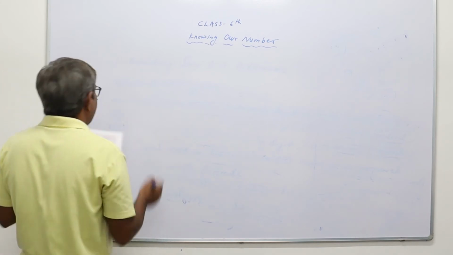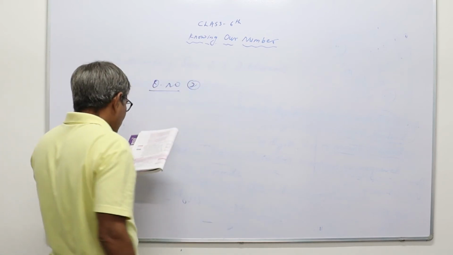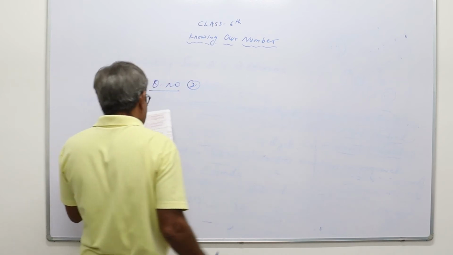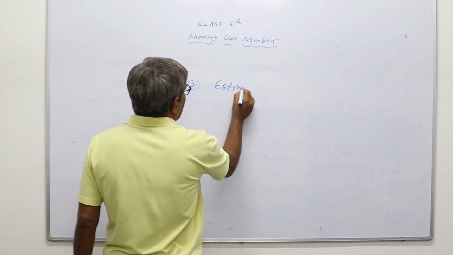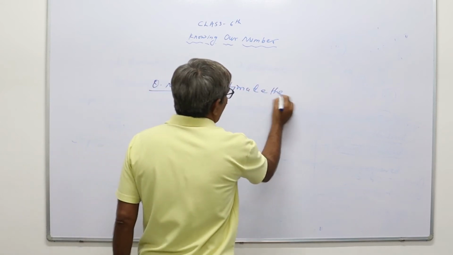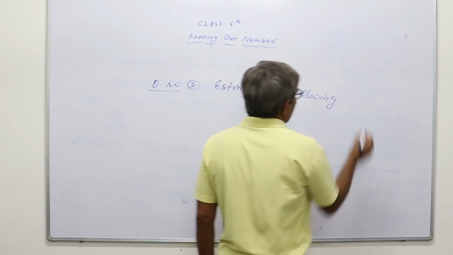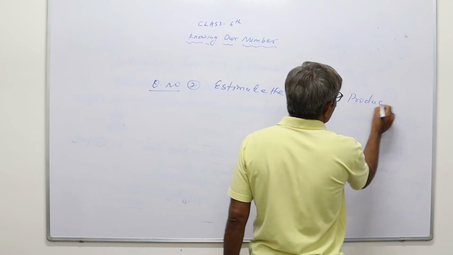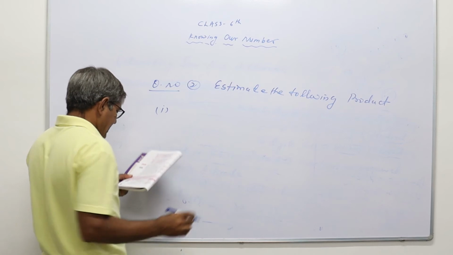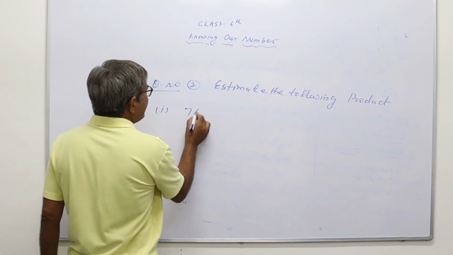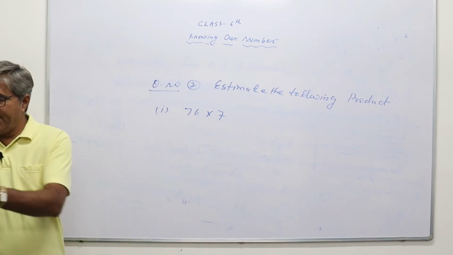For example, the question is: estimate the following product. The question is 76 multiplied by 7.